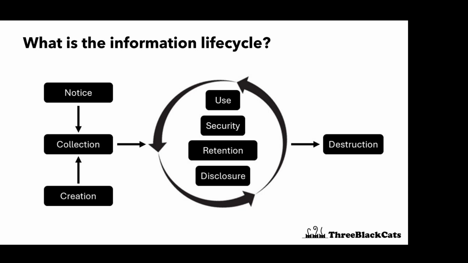So, for example, our organization will collect information to start our process. That might be an individual fills in a form, or they call us, or they engage with one of our social media ads, or maybe somebody refers them to our organization.